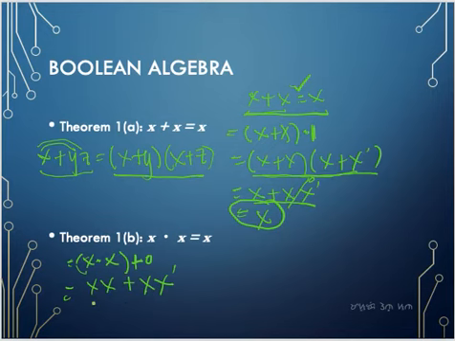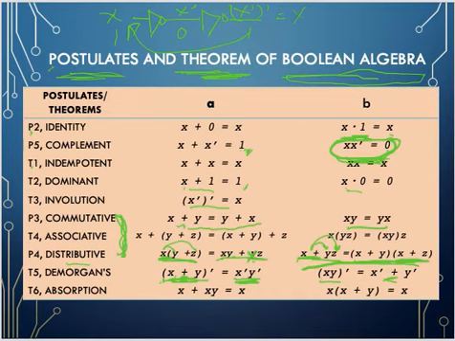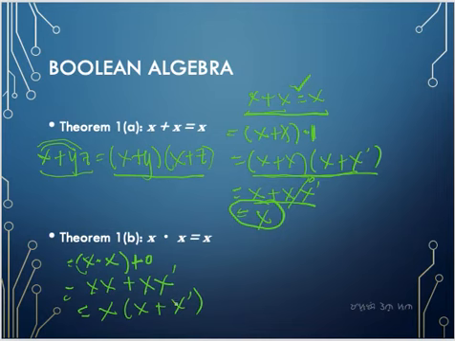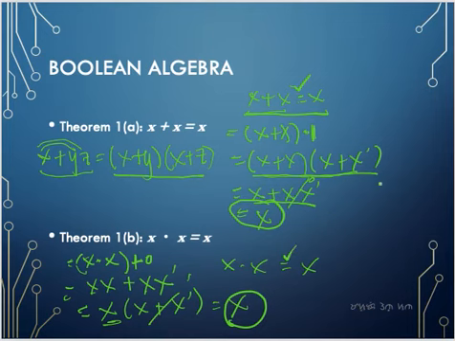Pwede kong i-factor out yung x. Ano nga ulit ang x prime? X or x prime is equal to 1, postulate. Hindi ko siya kailangan i-prove. So, this is equal to 1. Therefore, ang matitira sa akin ay x. So, therefore, x is equal to x. Tama yan. So, next.